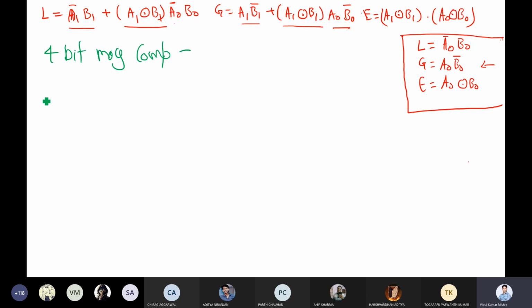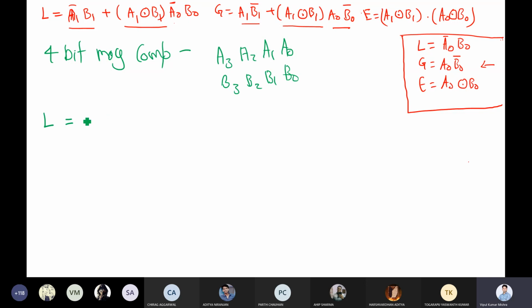Now, what will be the equation for less than? Here we have A3, A2, A1, A0, and B3, B2, B1, B0. In this way, we have to find the equation for less than.